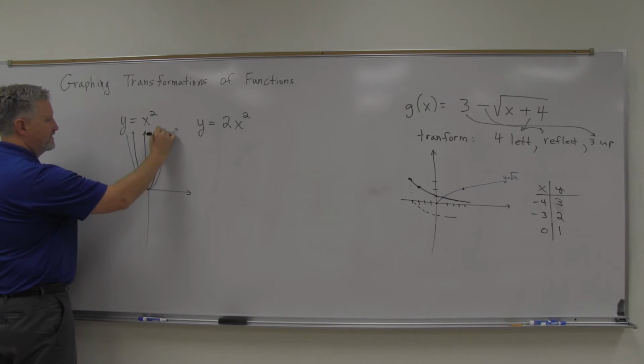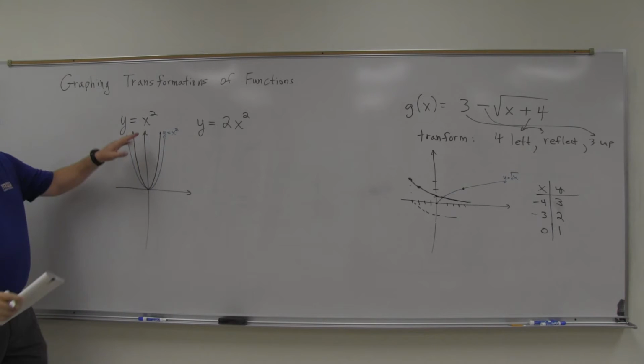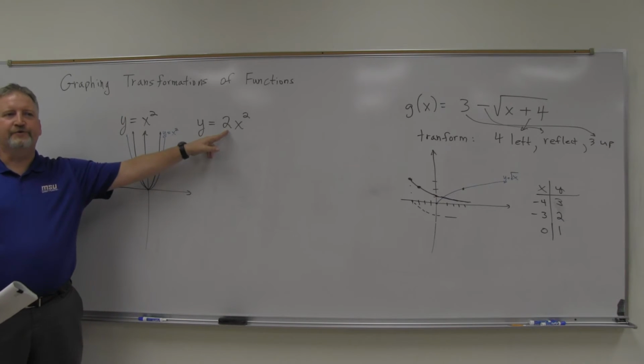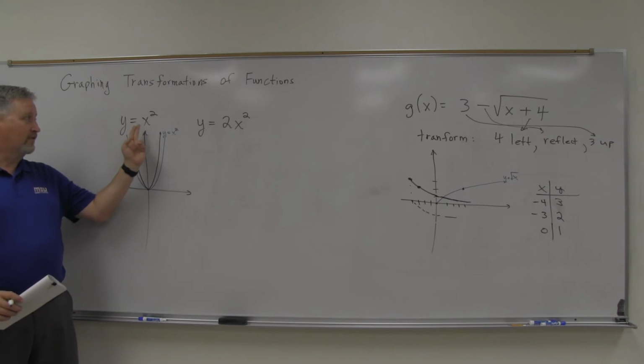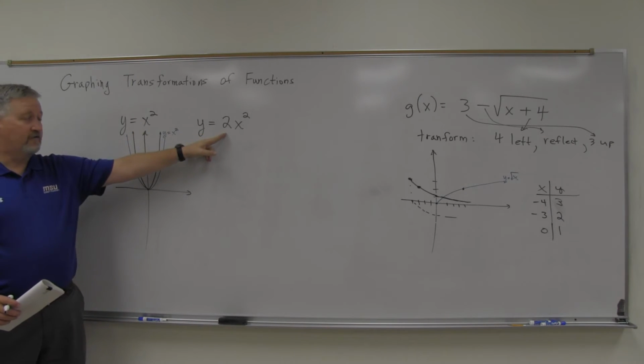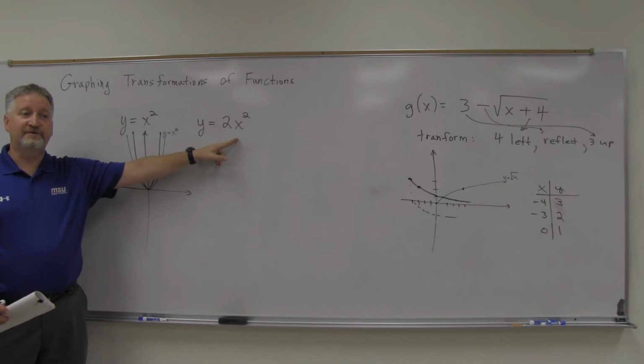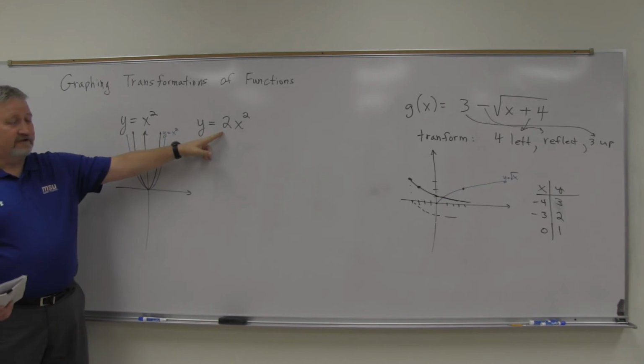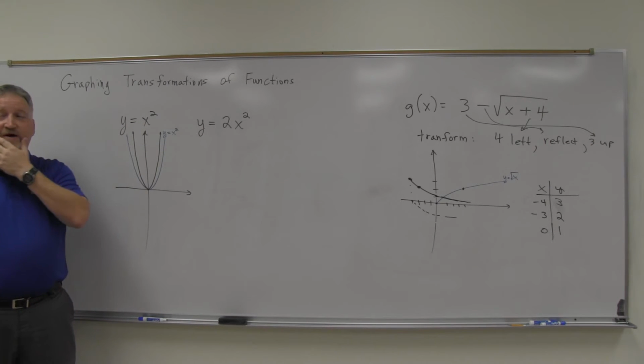Basically what it does, if you think about it, is it multiplies whatever the y value is by 2. So if the y value here is 1, the y value over here would be 2 times 1, which is 2. The y value over here is 4, the y value over here would be 8. So it multiplies each y value by 2.